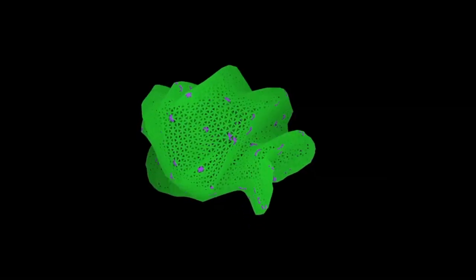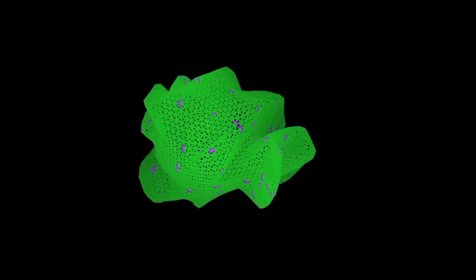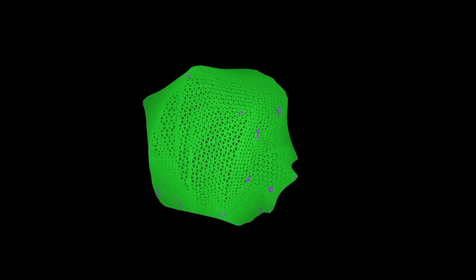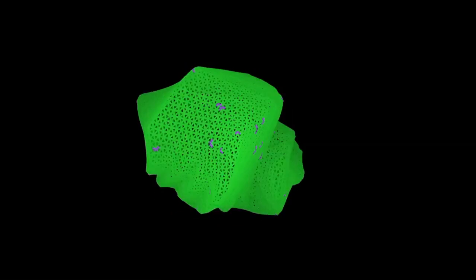But the question of how and when the program generates defect pairs still seems to be up in the air somewhat. So I'll just cycle through. So the next state will bring us back. And so we'll just look at one view of the icosahedron and then cycle through the states of minimization.